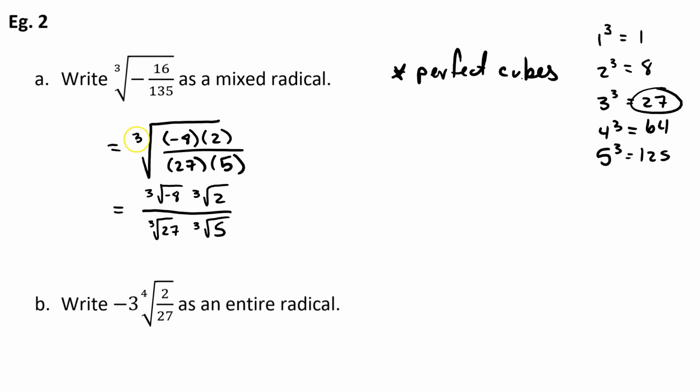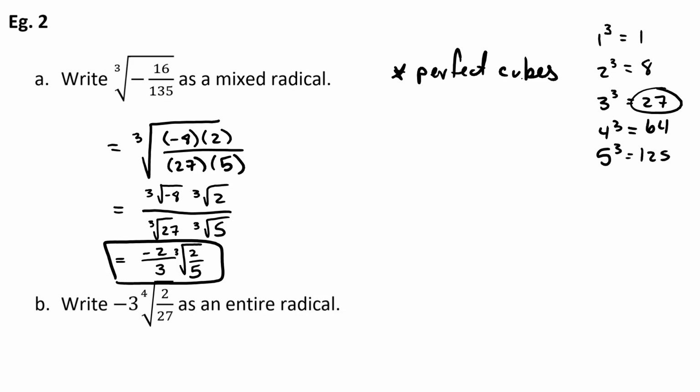All I've done is, instead of everything being under one cube root sign, I've made them all separate, because I know I can simplify this. The cube root of negative 8 is negative 2. The cube root of 27 is 3. And then I can put these back under the same radical sign: the cube root of 2 over 5. And that, my friends, is it.